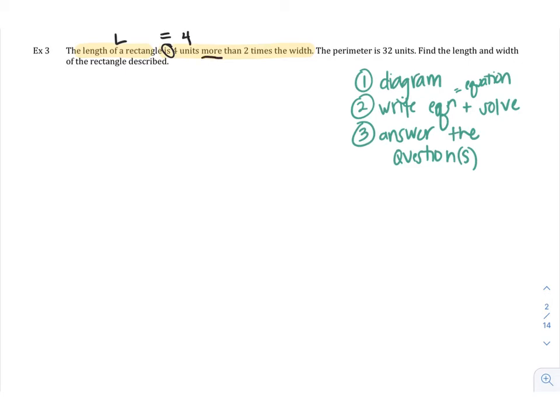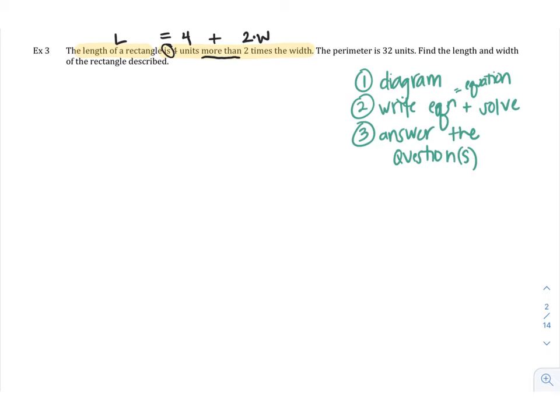"More than" is the addition sign. "2 times" is multiplication. And the width we don't know, so we're going to call it W. So right now, by reading my first sentence, I've translated to L equals 4 plus 2W.